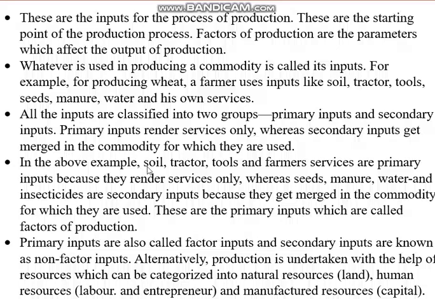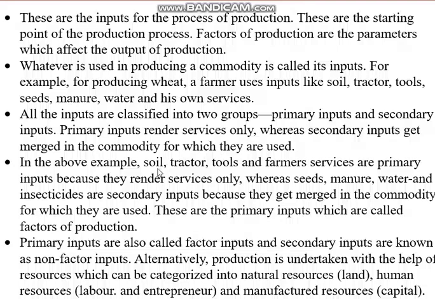Now, in the example we just discussed about producing wheat, the soil, tractor, tools, and farmer's services are the primary inputs because they render services only.